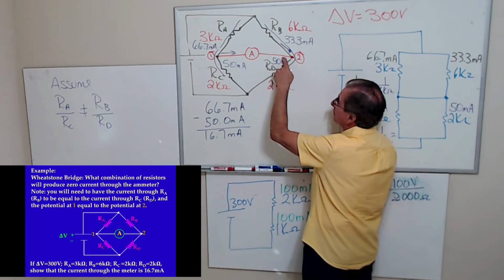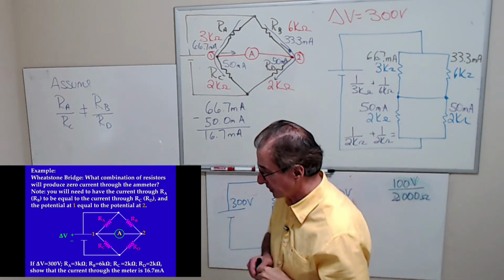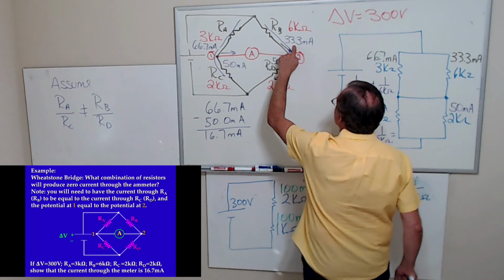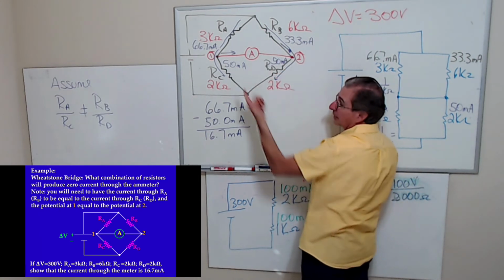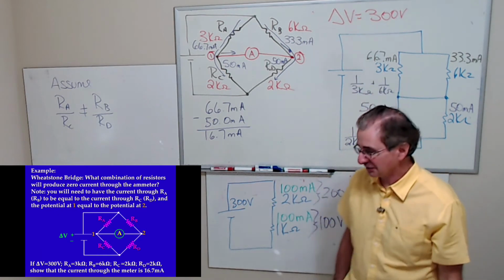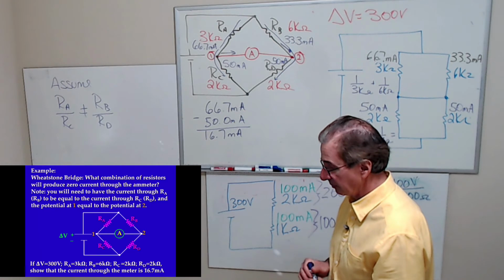It's coming from what's coming through the meter. Yeah, it's 16.7. If you take 16.7, add it to 33.3, you get 50 milliamps. It better be consistent, right? It's conservation of charge. Does that all make sense?